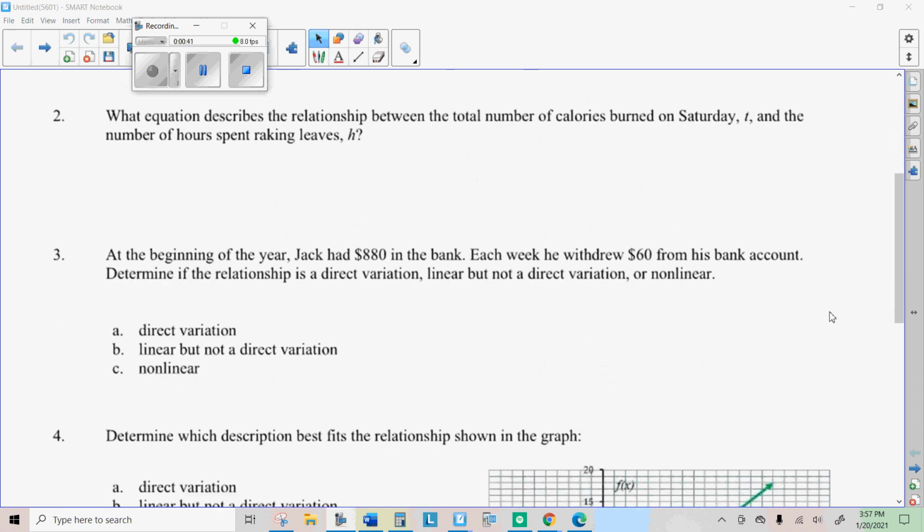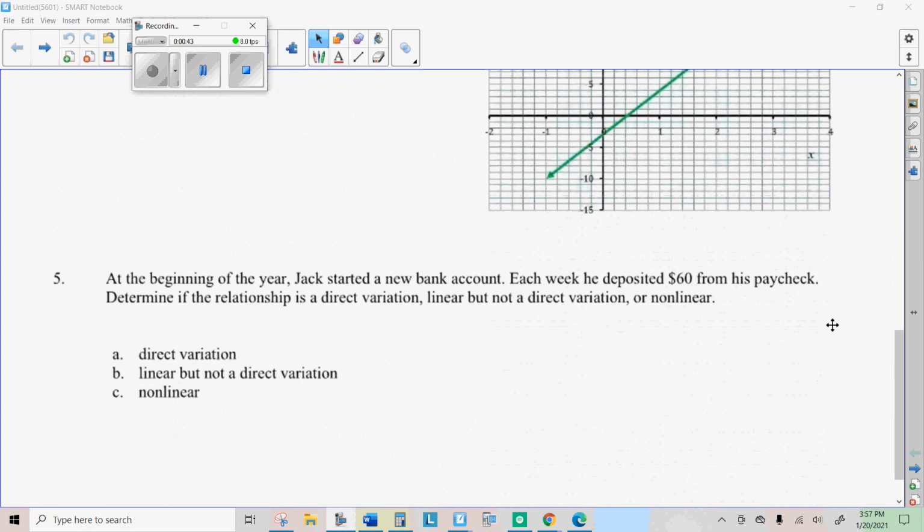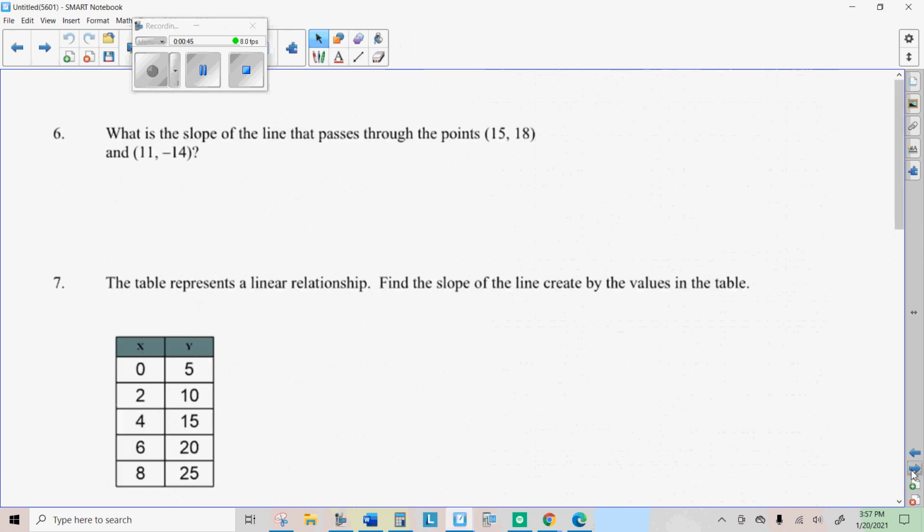All right. The first thing that I want to go over is using your calculator. Number 6 here says, what is the slope of the line that passes through the points 15, 18, and 11, negative 14? I just want to remind you that your calculator can check this work for you. All the formulas you need are on that formula sheet in the resource part of Classroom.